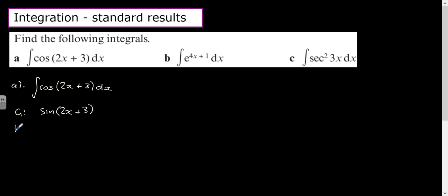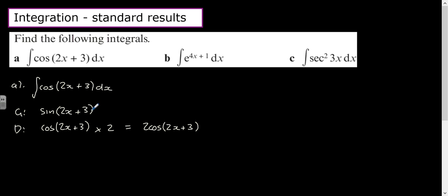What we have to do with this is we differentiate the guess to see what we get. So if I differentiate sine 2x plus 3, I get cos 2x plus 3. But using the chain rule, I'd have to differentiate the 2x plus 3, which gives me 2, and multiply the two things together. So I actually end up with 2 cos 2x plus 3.